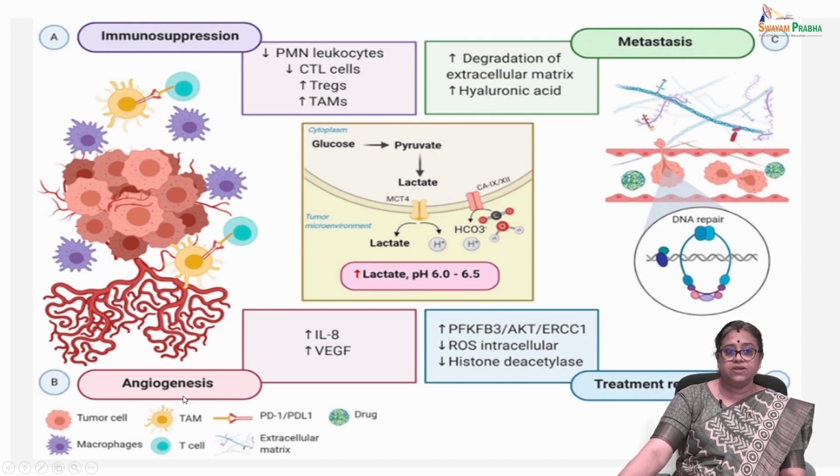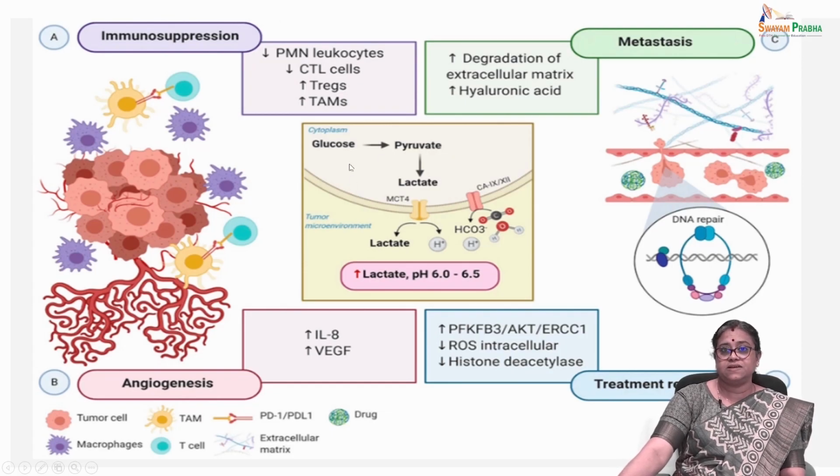Similarly, for angiogenesis, when you have increased number of blood vessels being formed, it could be because of increased amount of cytokines like increased IL-8 or increased VEGF, which are released by these tumor cells themselves, will lead to neovascularization, that is production of new blood vessels. So this will contribute to the angiogenesis.